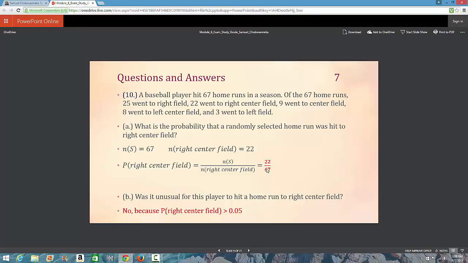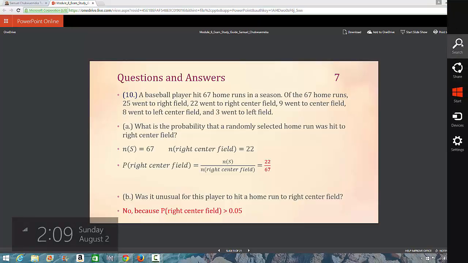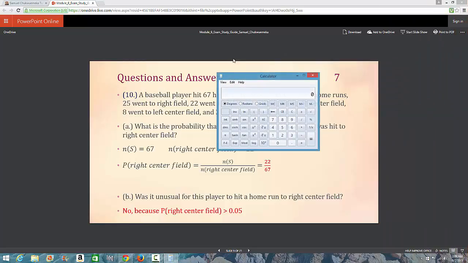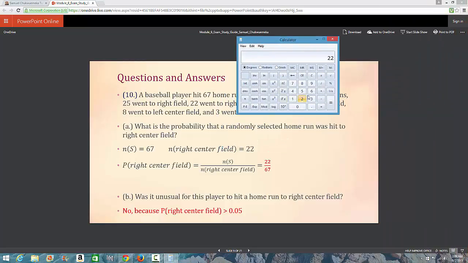When you do 22 divided by 67, on the calculator, and it's greater than 0.05, we discussed this in previous videos about probability of events that will be considered usual or unusual. In this case, it's greater than 0.05, so because of that, it's not unusual.